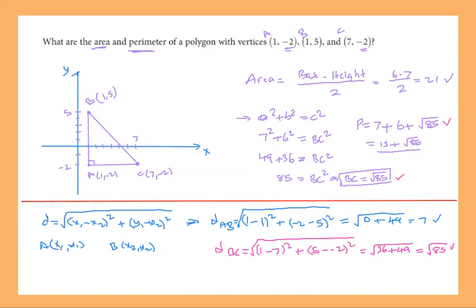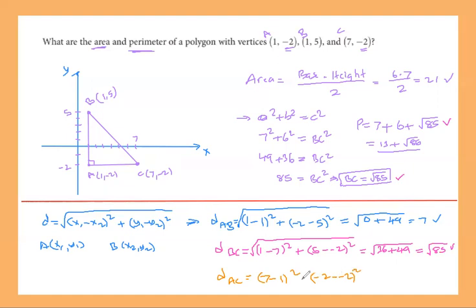And if you'd like to do the same for the last side, which is AC, we already know AC, which is from 1 to 7, which was 6 units. But let's use the distance formula as well. If we want to take 1 minus 7 or 7 minus 1, which doesn't really matter, I'm going to do 7 minus 1, which is the difference of the x values. And then I will take negative 2 minus negative 2.